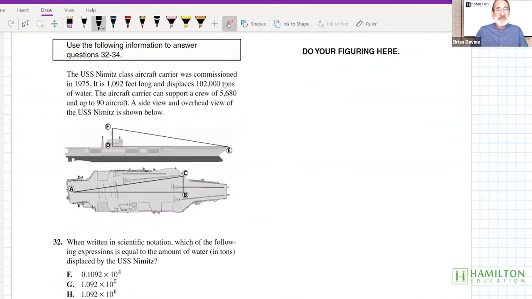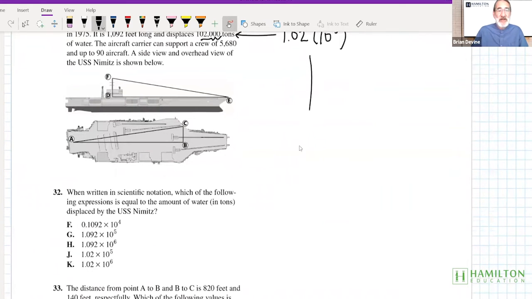Well, it displaces this much water, we're told in the prompt. And in scientific notation, I would write that as 1.02, and then I moved 1, 2, 3, 4, 5, so 10 to the fifth. So I should have that as one of my answers, and behold, J.